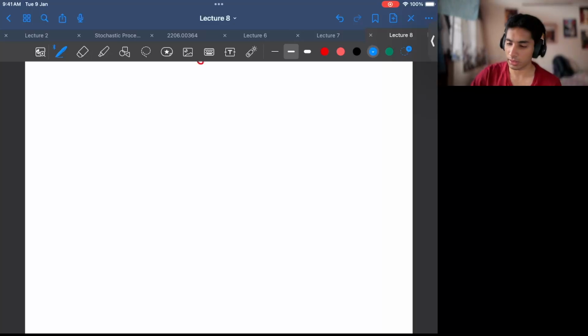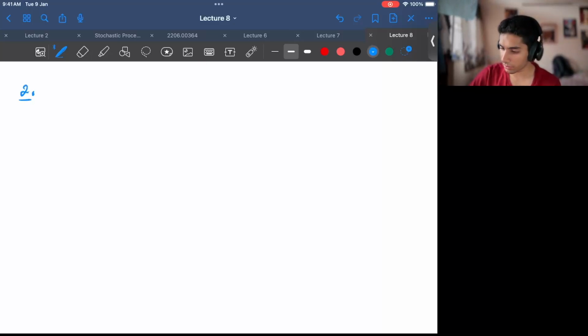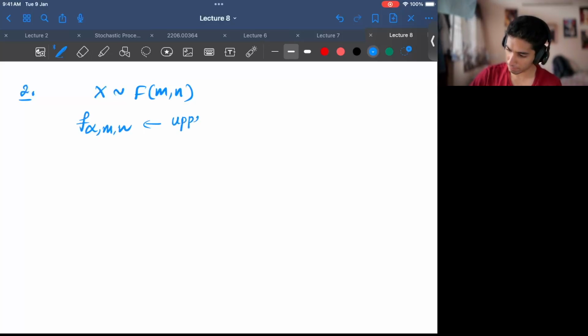The next question is as follows. Suppose we have a random variable x which follows an F distribution with parameters m comma n. Also, this f alpha m n is the upper alpha percent point of F. What does it mean?